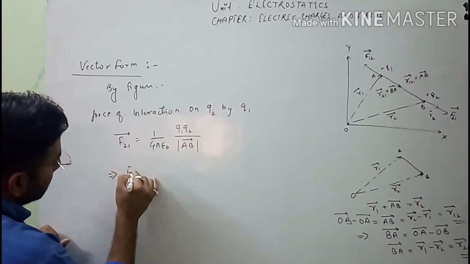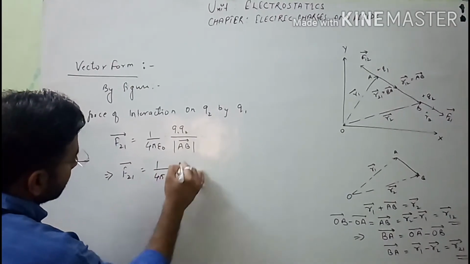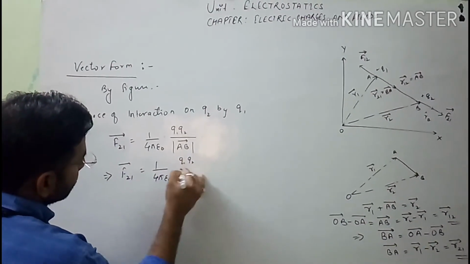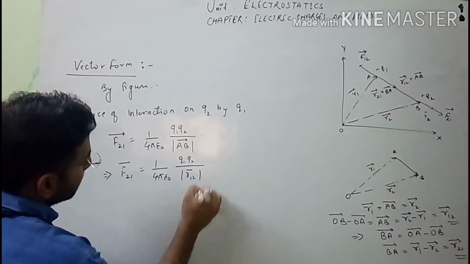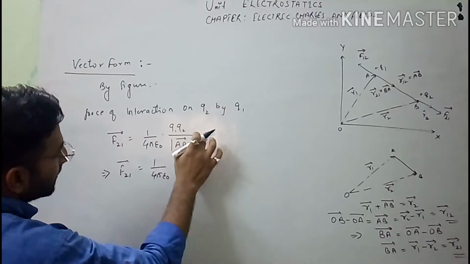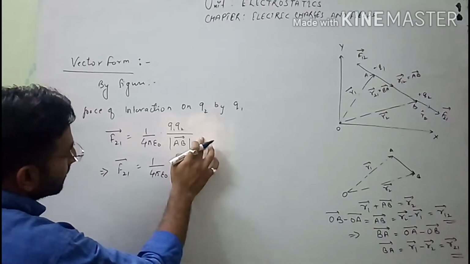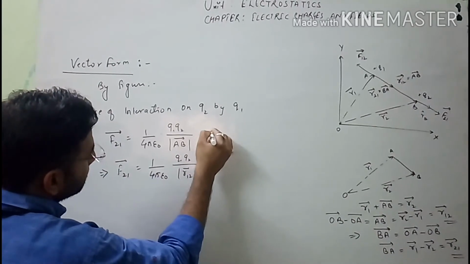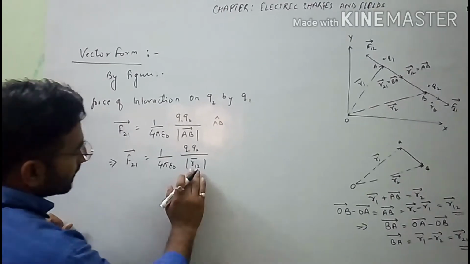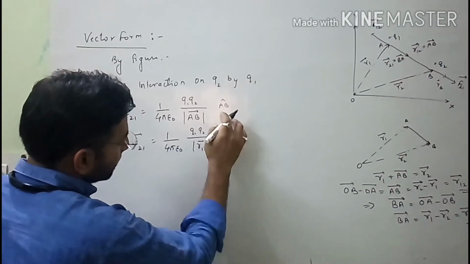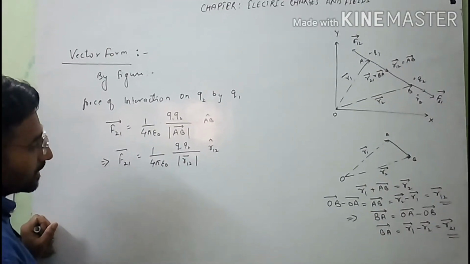I will write this in the next step. So see here, this is F21 equal to 1 over 4 pi epsilon naught Q1 Q2 over the R12 vector. If you want to write here the position vector, you can use the AB vector. So in place of the AB vector, here I will write the R12 vector cap. Clear, student?